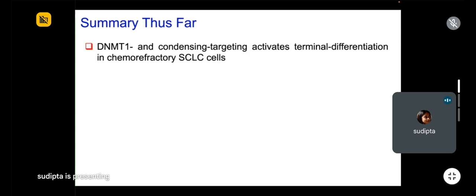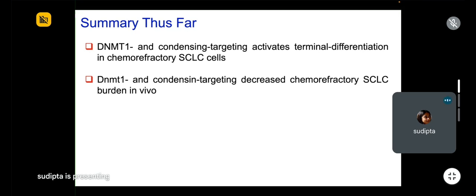So for this part of my work, I will say DNMT1 and condensin targeting activate terminal differentiation in chemorefractory small cell lung cancer.